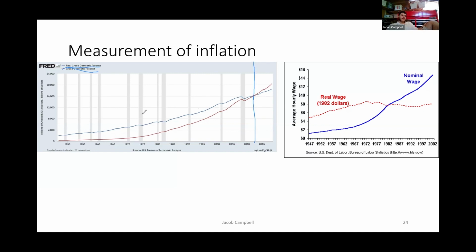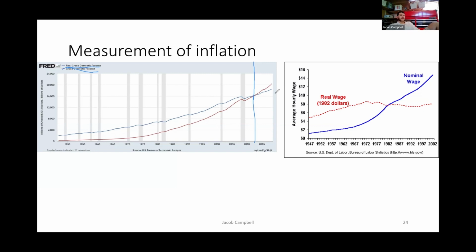Before that point, the real GDP is higher than the nominal GDP because the prices were lower. So if you don't adjust for prices, it's going to make the economy look poorer than it was. But after 2012, after the base year, real GDP is lower than nominal GDP.